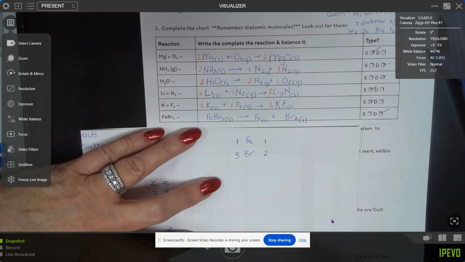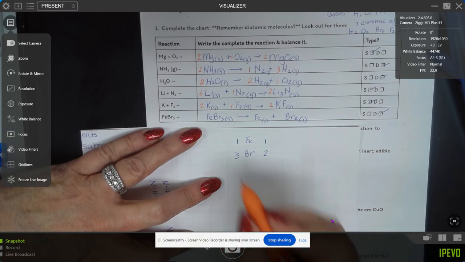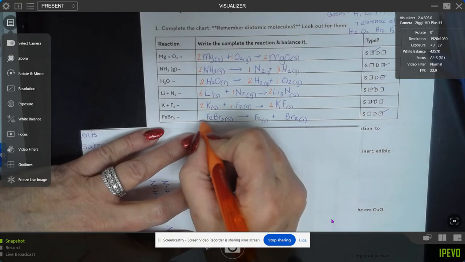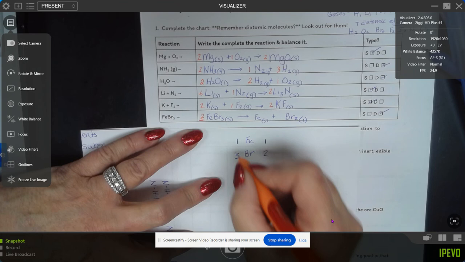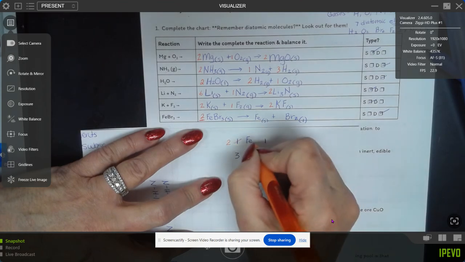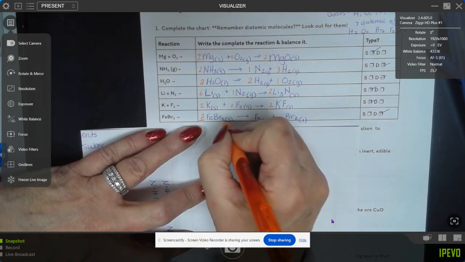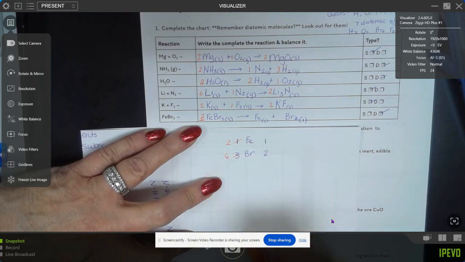You need to just kind of get familiar with this pattern. Okay, when we have 2 on one side, 3 on the other, we need a common multiple of 6. So to get 6 bromine here, I would have to multiply this compound times 2. So that's going to give me 2 iron and 2 times 3, 6 bromine.